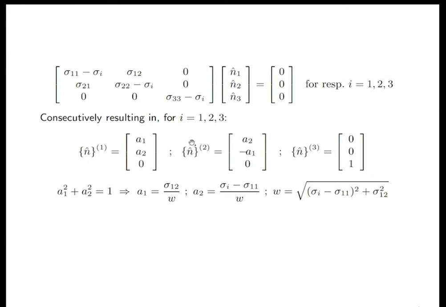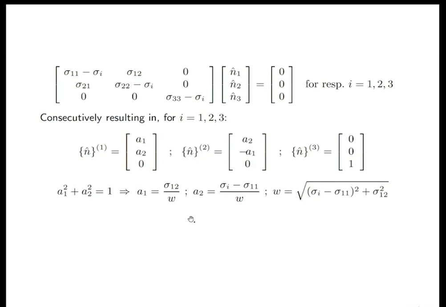And when we now take all this, insert it into the complete equation system, then we get relations for a1. Namely, a1 should be proportional to sigma 1, 2, divided by a coefficient. a2 should be sigma I minus sigma 1, 1 divided by the same, and W is just an abbreviation for what we have in the square root here.